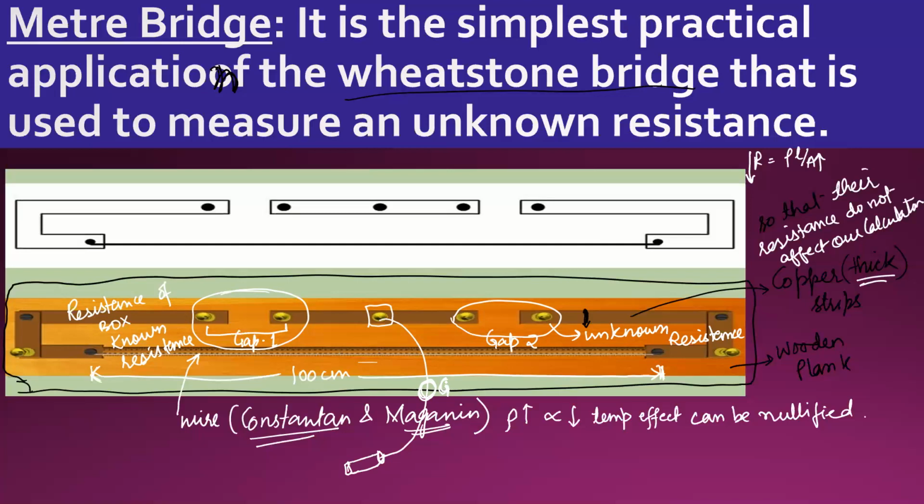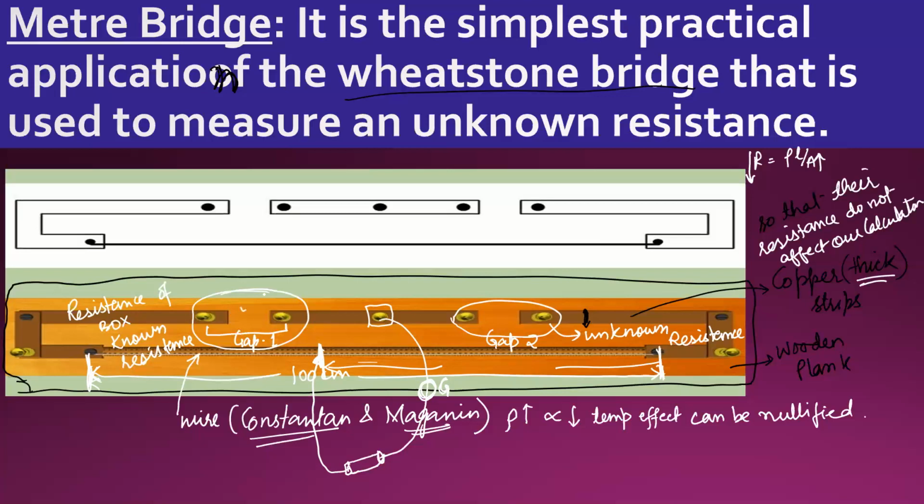Now as we can see, we are having the jockey, and if the jockey comes across any point of the constantan or manganese wire, we can see that here we are having some different resistance of the wire as its resistivity is very high, whereas through this also we are going to have some different resistance of the wire.